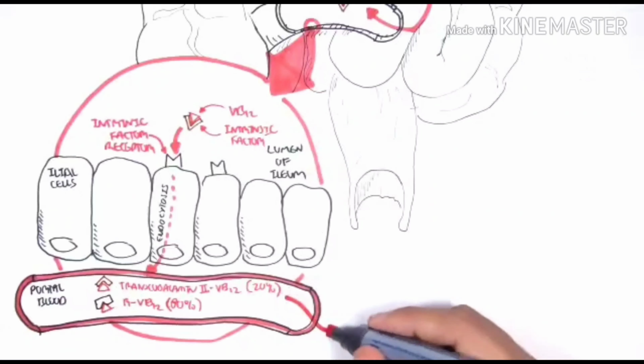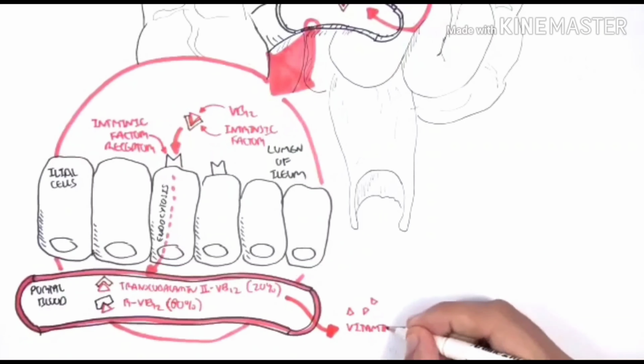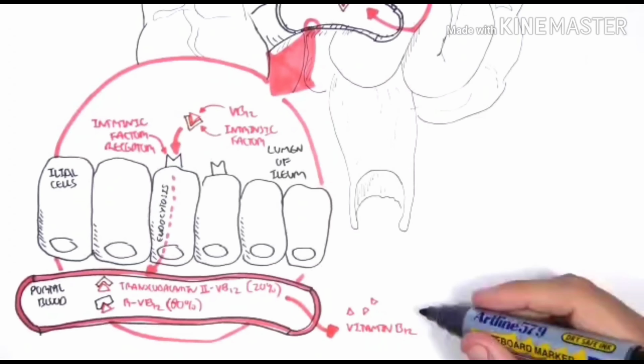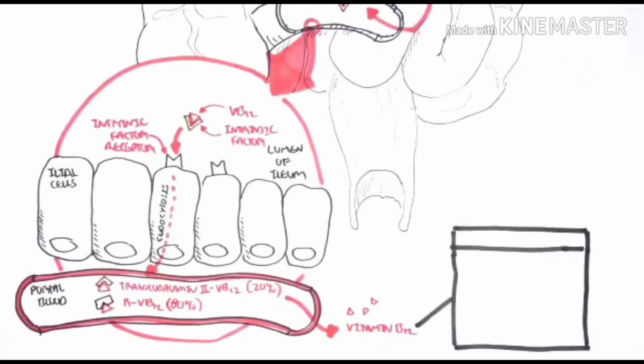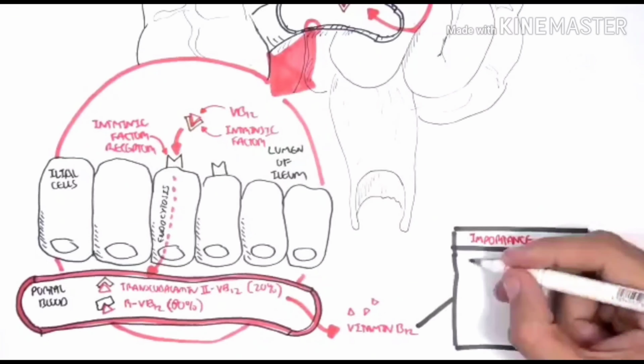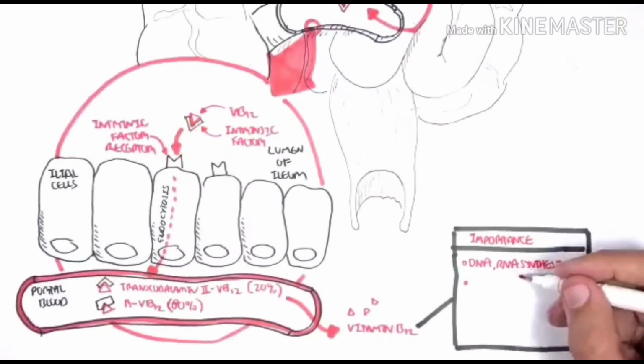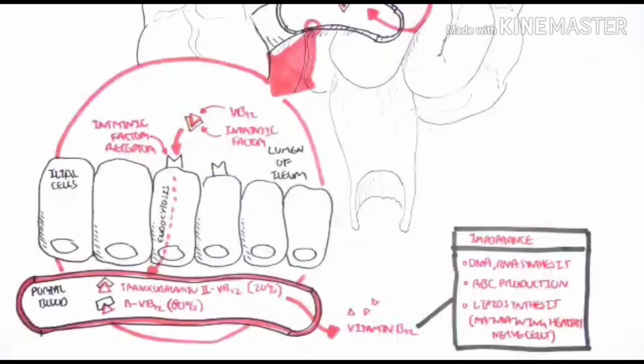The transcobalamin 2 vitamin B12, the 20% which is absorbed in the body, has an important role in DNA synthesis, RBC production and lipid synthesis, where it helps in myelin sheath formation by lipid synthesis, which is good for our health and nervous system.